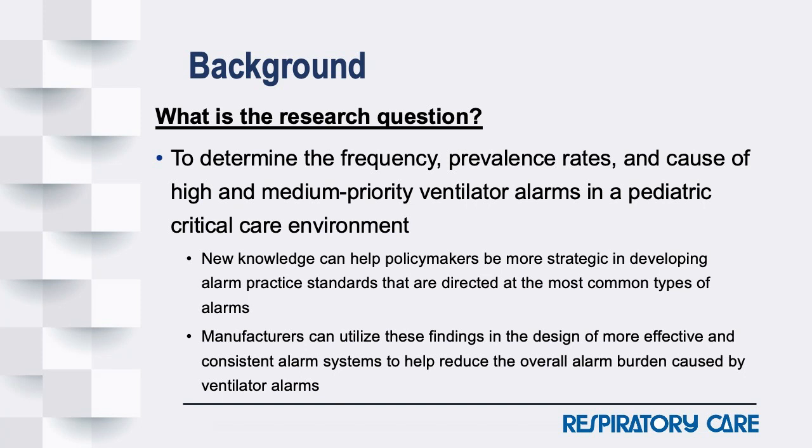As you'll hear throughout this talk, there's not a lot of research, and there are really no overreaching standards for alarms, which we see every day in the ICU. They're also hoping that manufacturers can utilize this data, as well as other studies, to make their ventilators more effective at alarming for safety issues and not have the burden of nuisance alarms.